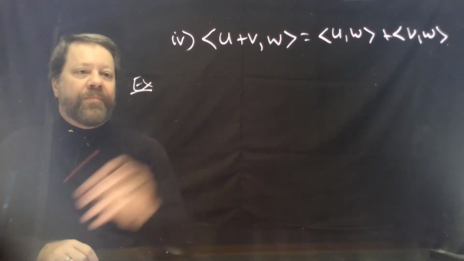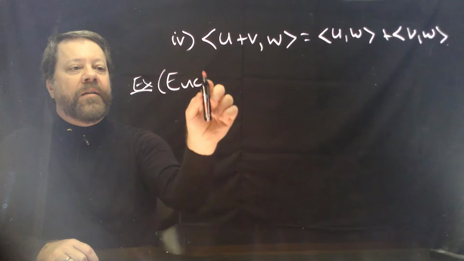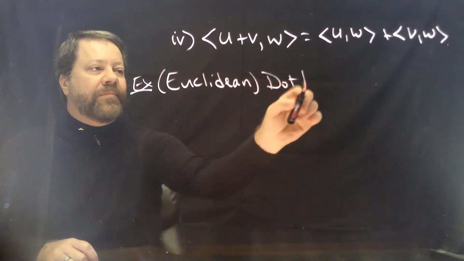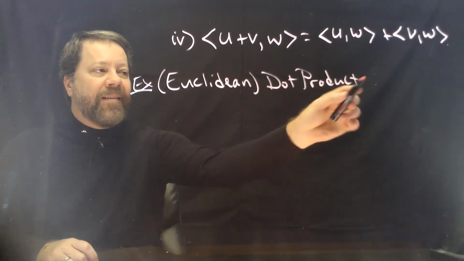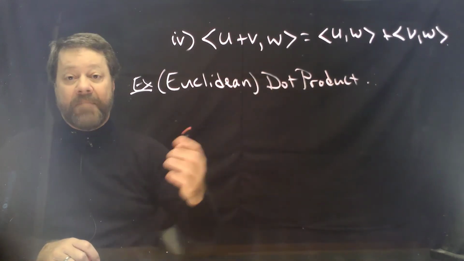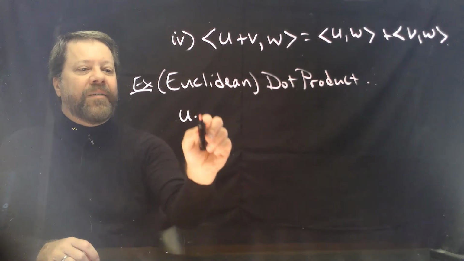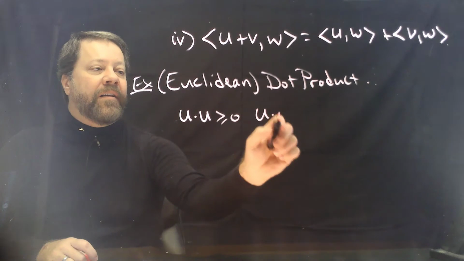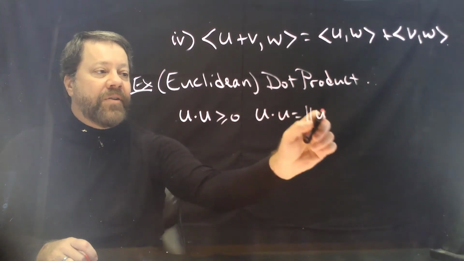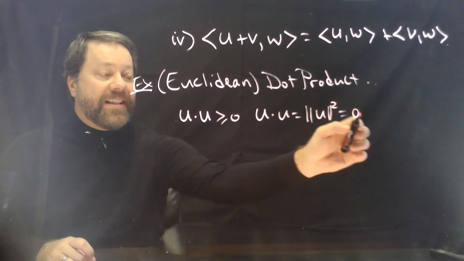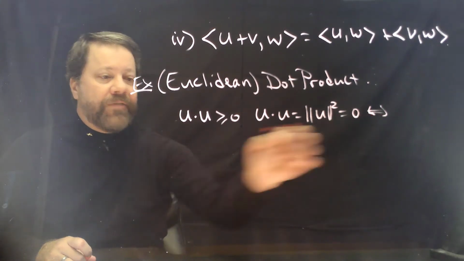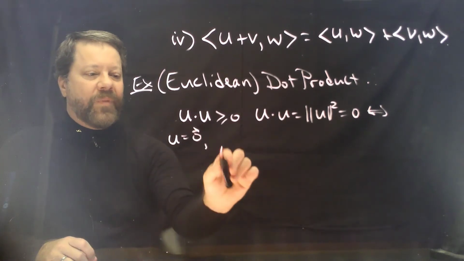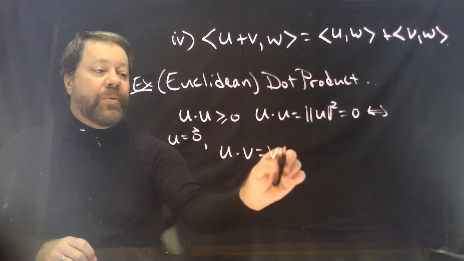As an example, the Euclidean dot product is an inner product. When you dot a vector with itself, you get something non-negative. And since u dot u is the norm squared, that is equal to 0 if and only if u is the 0 vector. U dot v is v dot u.